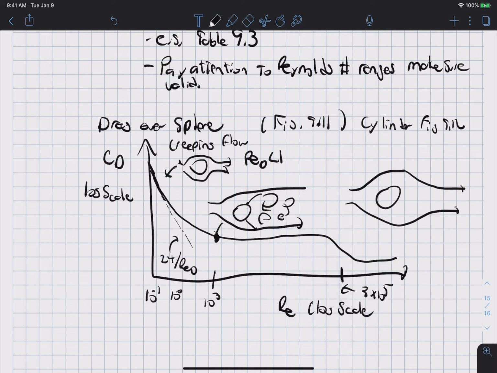And there's still a very turbulent wake in there. But what happens above this Reynolds number is that the boundary layer itself becomes turbulent.